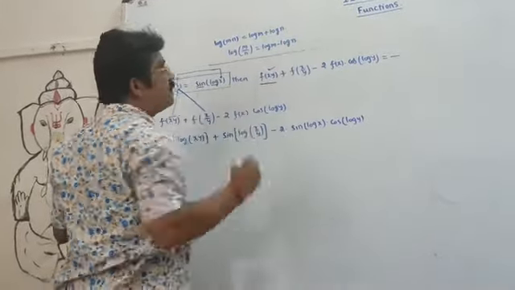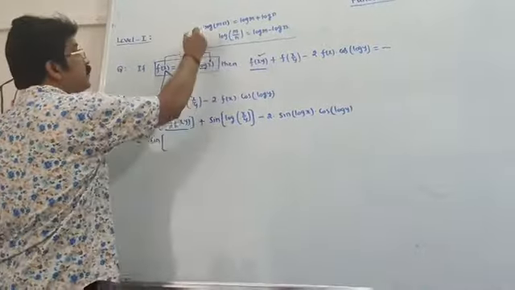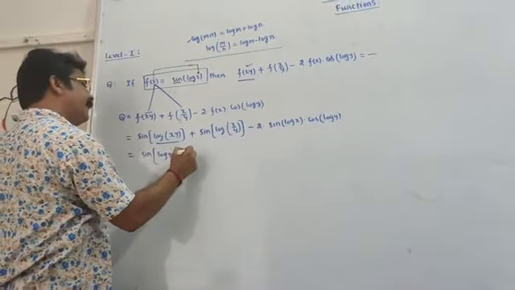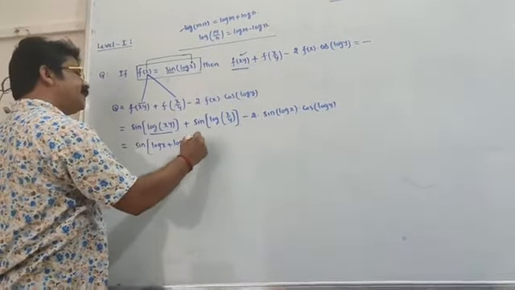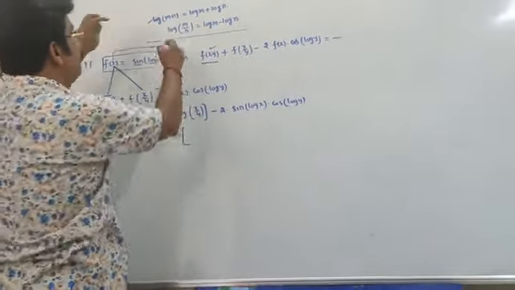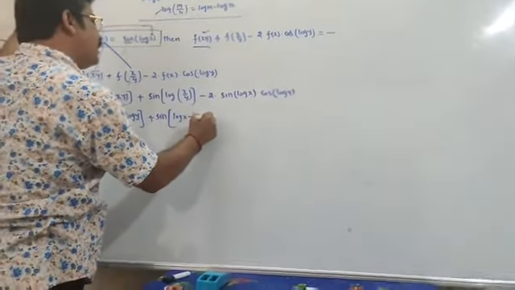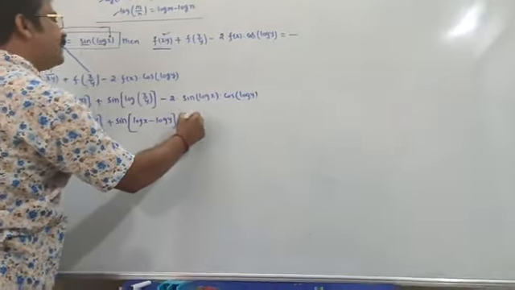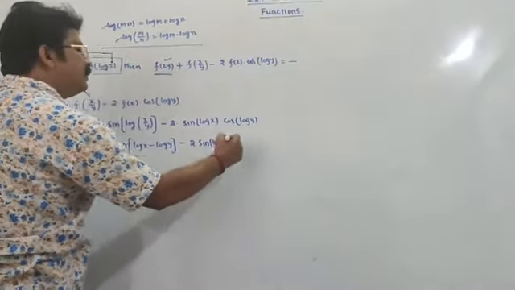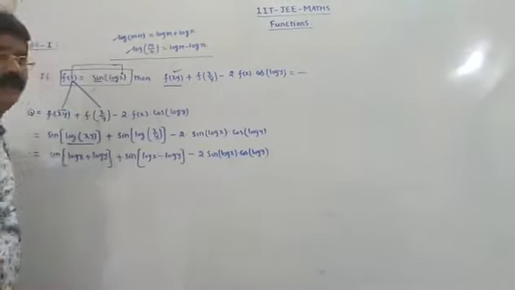So we are going to use these two basic formulae. So log of xy, according to this formula, is log x plus log y. Next plus sine of, according to this formula, log x minus log y. So minus 2 sine of log x into cos of log y.